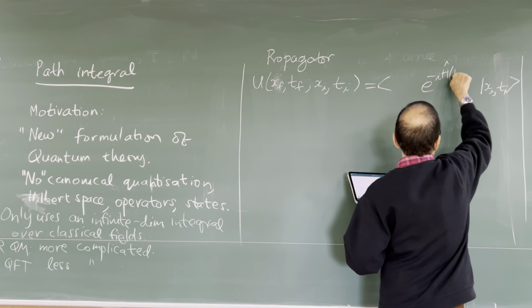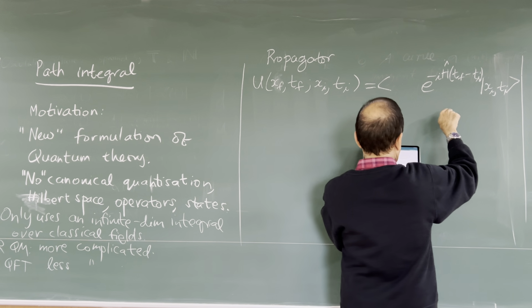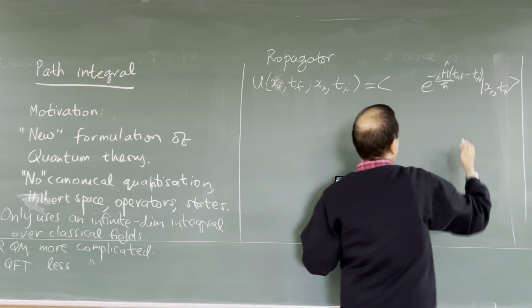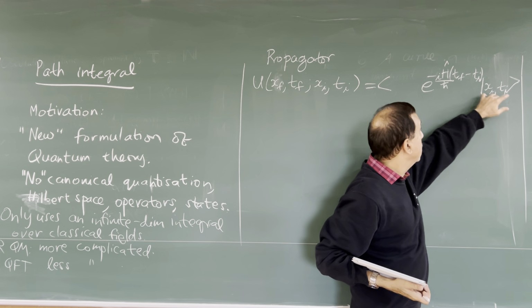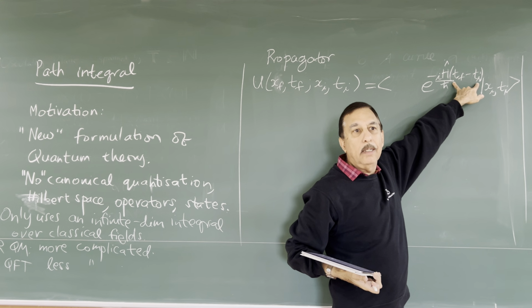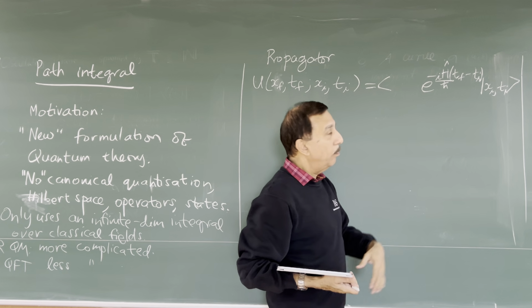And then times Tf minus Ti upon h bar. As you surely know, this is the unitary operator which, given a state like this, evolves it for a time difference Tf minus Ti. So since it starts at Ti, it will end up at Tf.